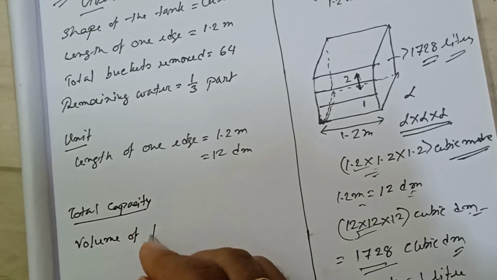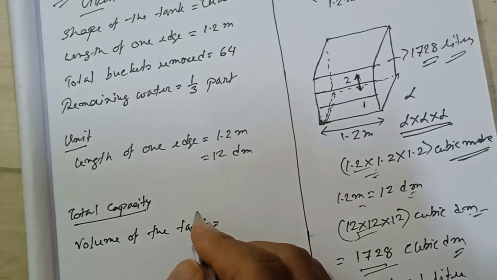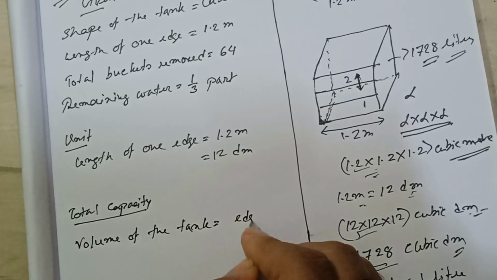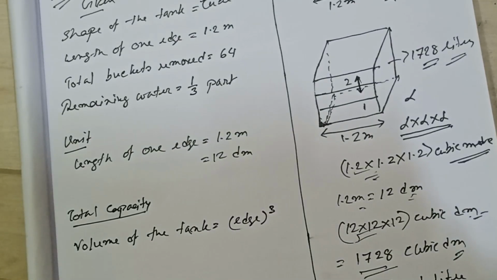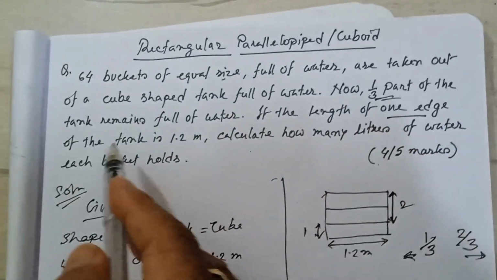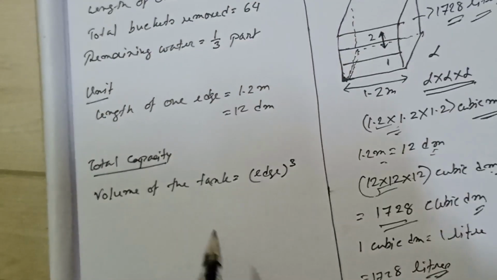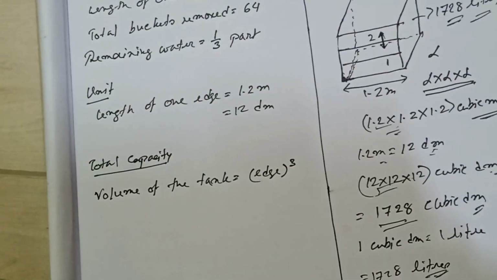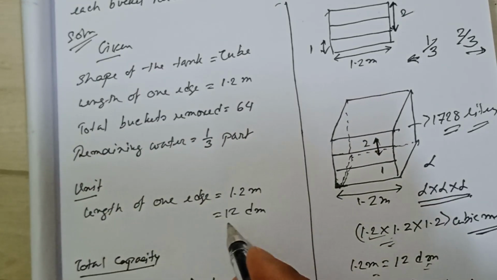Volume of the tank is edge cubed, right? So volume is the cube of the edge, and we already have the edge as 1.2 meter, 12 decimeter.